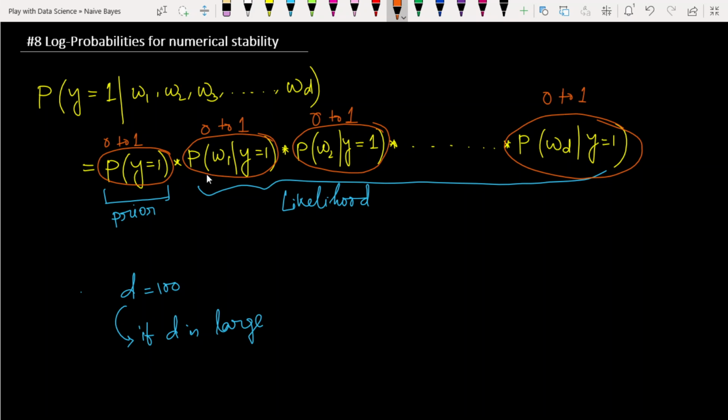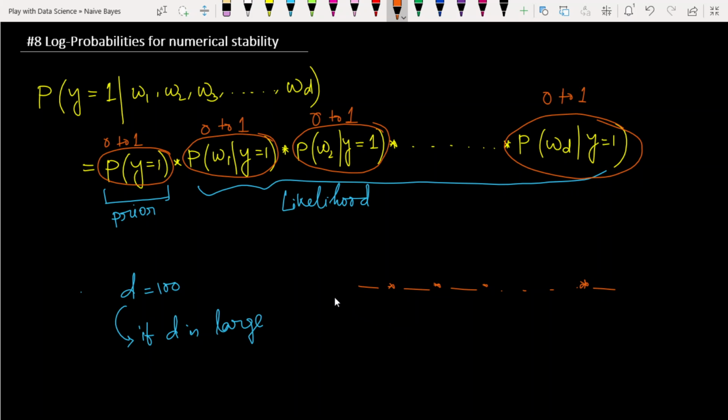The problem is we are multiplying 100 such values, each between 0 and 1. The multiplication of values between 0 and 1 is also between 0 and 1, and gets smaller.